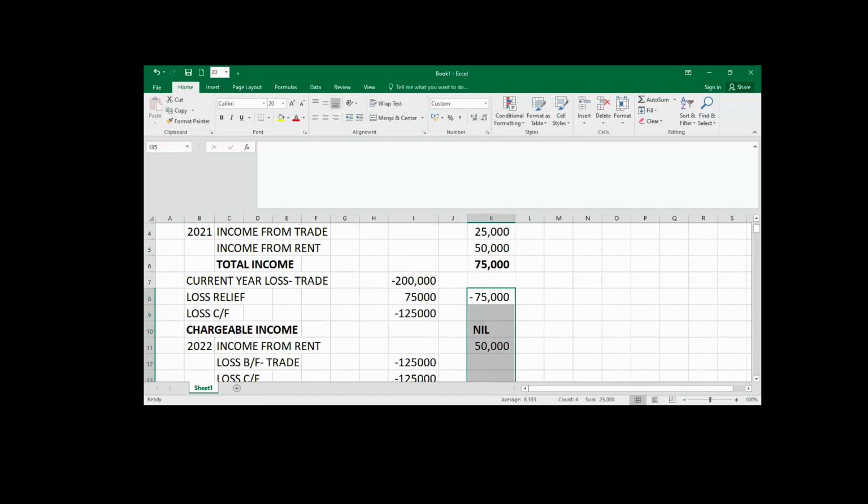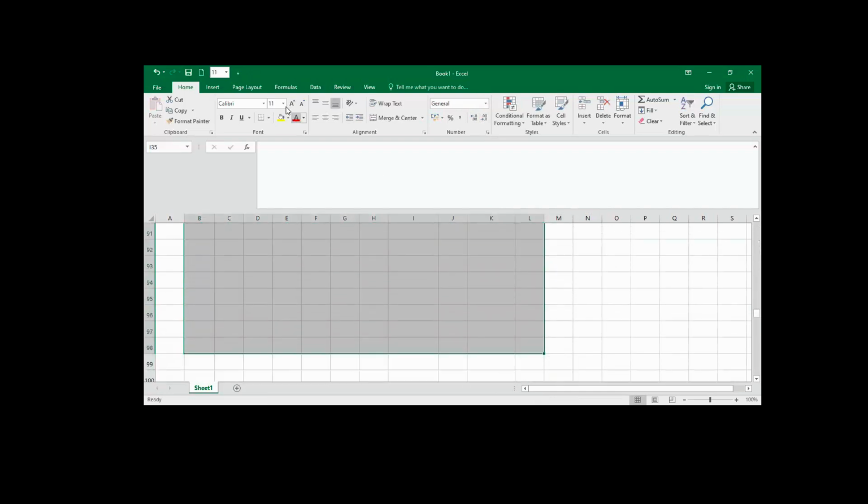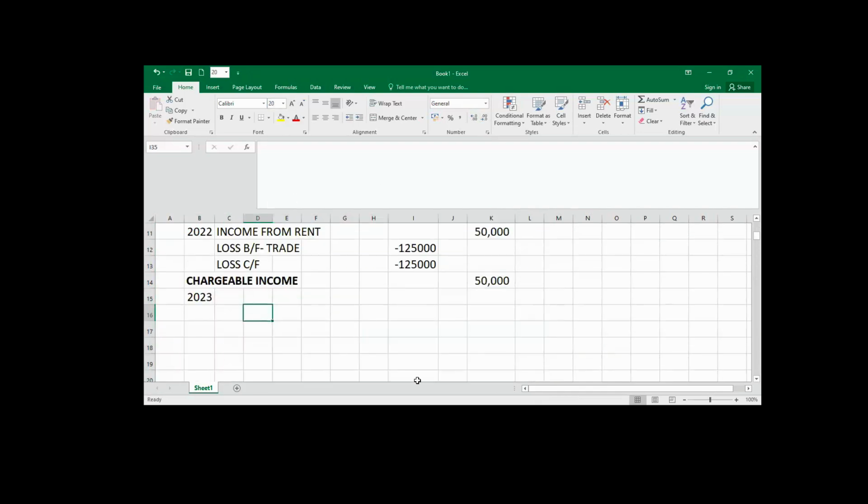2022. After year 2022, we move to the next year, which is 2023. In 2023 year of assessment, what do we have? So let us go to our question, make it easier for us.